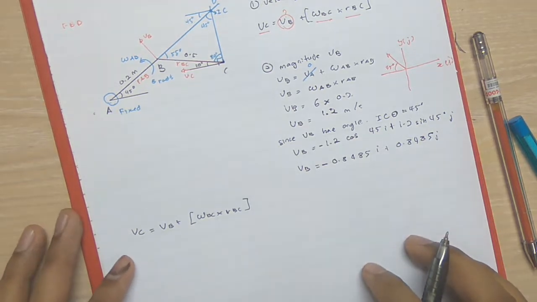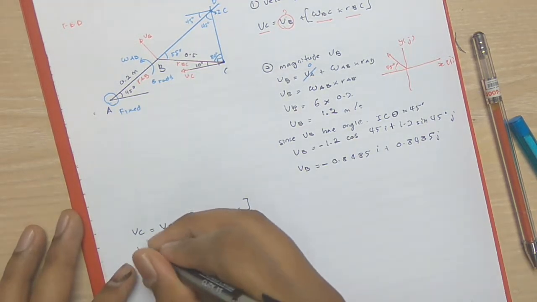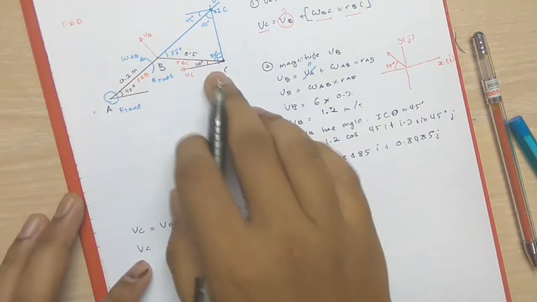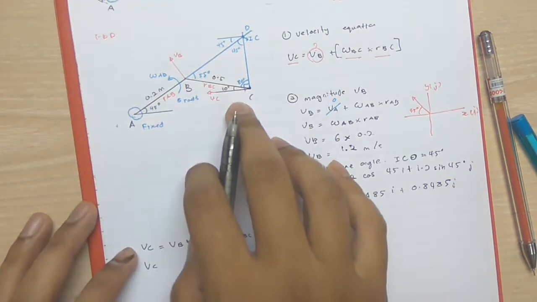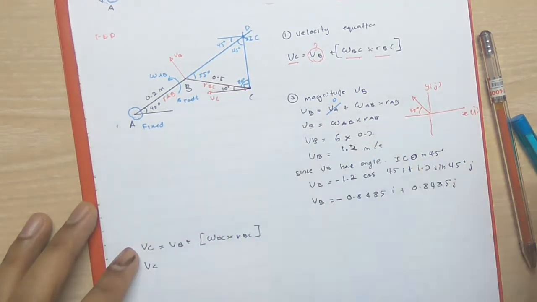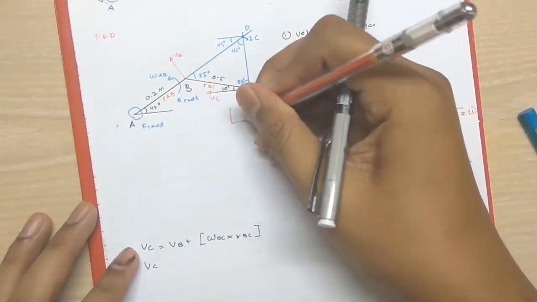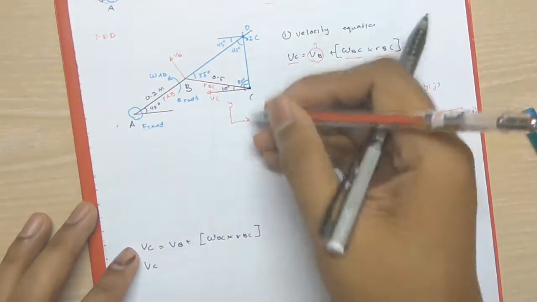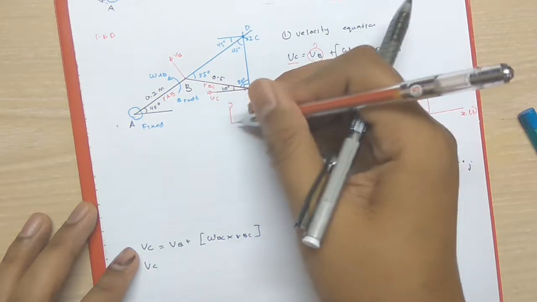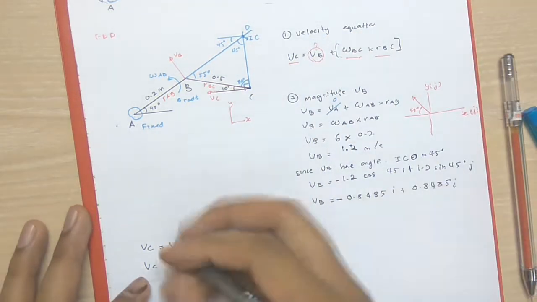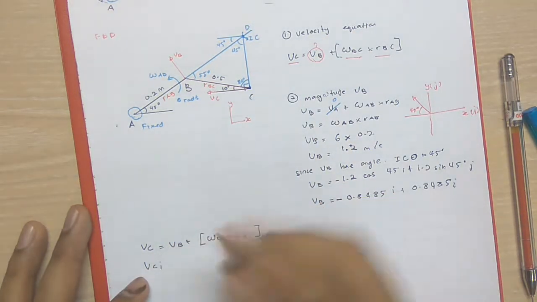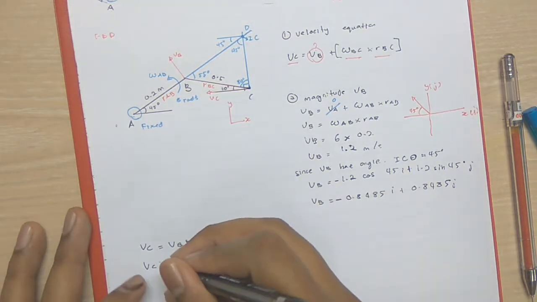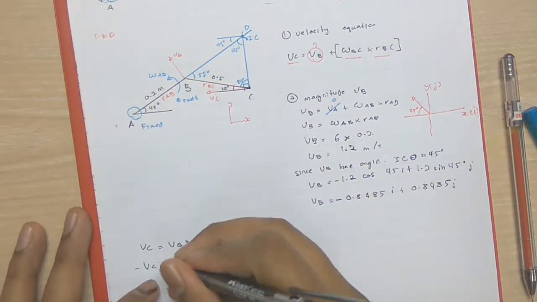So we write VC. We know that it is on the x-axis, this is x, this is y, so it is along i. It goes to the left, so negative.